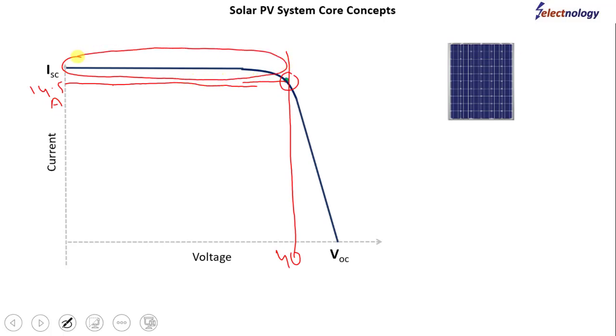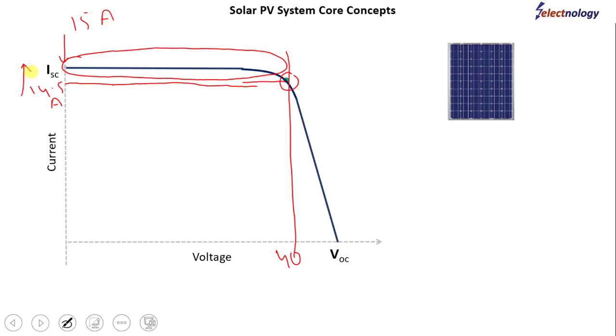Suppose we further try to increase the current beyond 14.5 ampere, the current will not much increase because the maximum capacity, let's assume, is 15 ampere. So it will increase from 14.5 to a maximum of 15 ampere.